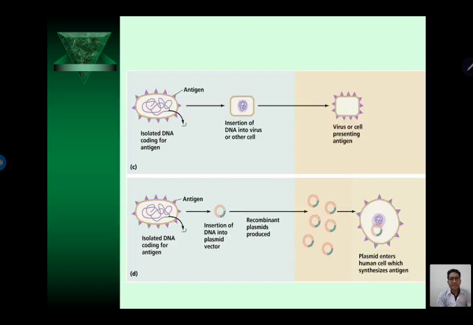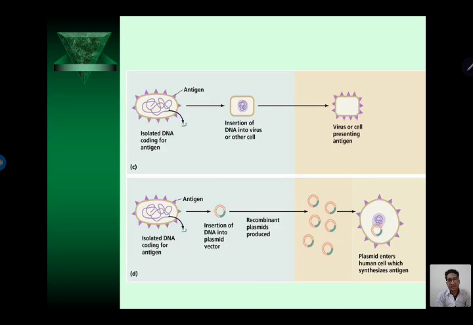Next, you can see the virus or cell presenting the antigen, with DNA coding for the antigen isolated and inserted into the virus or other cells. The viruses or other cells present the antigen.